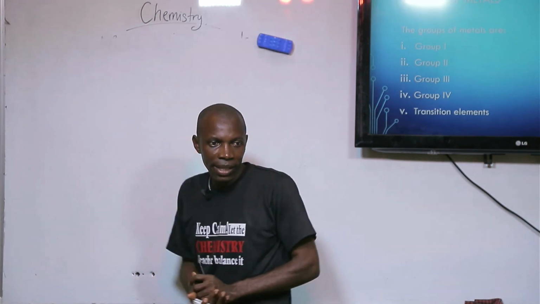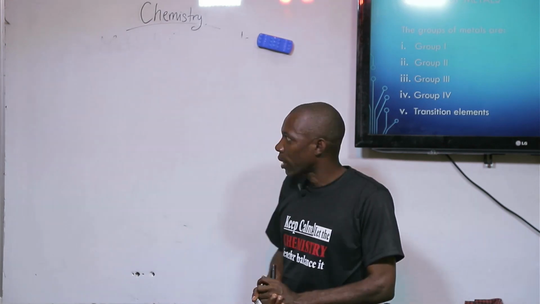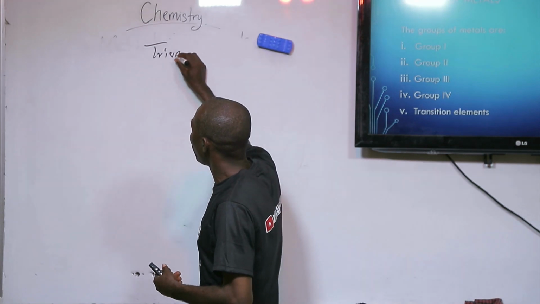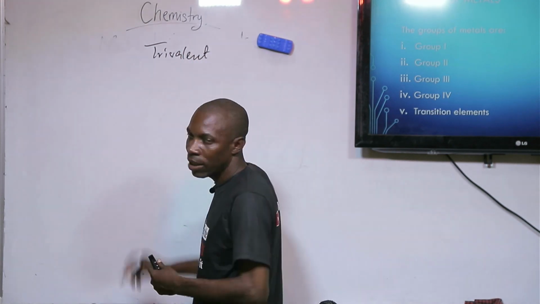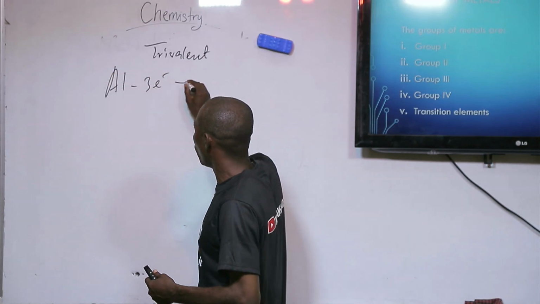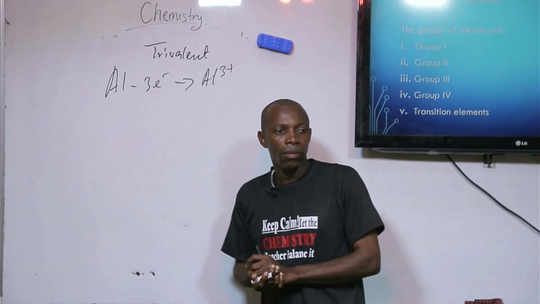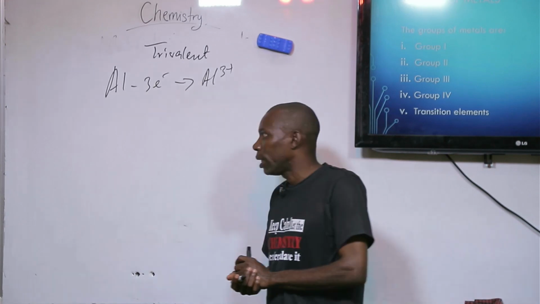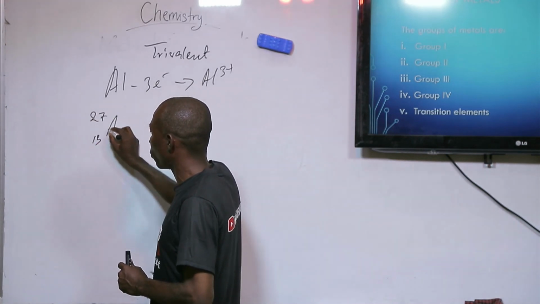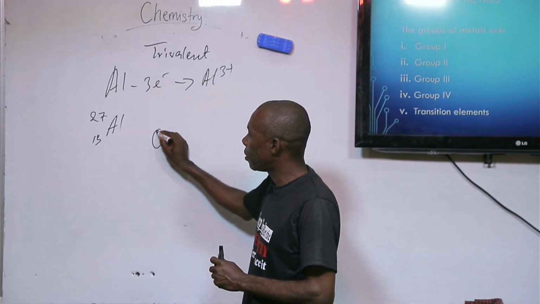Then we can also look at the group 3. Typical element is what? Aluminium. Aluminium is a trivalent metal. Aluminium loses 3 electrons to give us Al3 plus. Aluminium has 13 electrons. The first shell will take how many? 2.